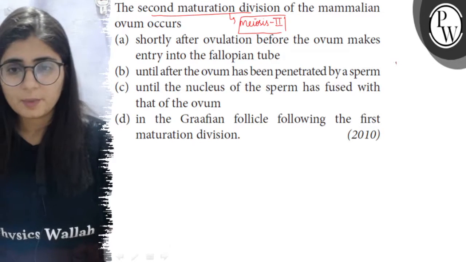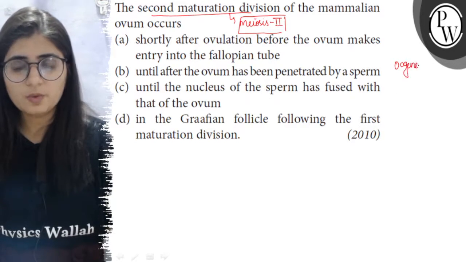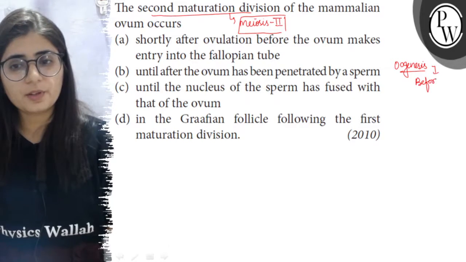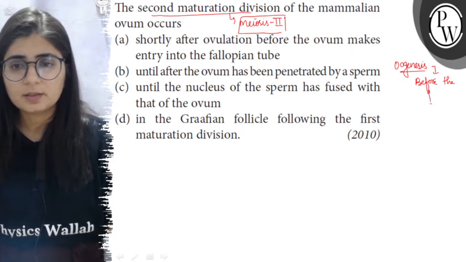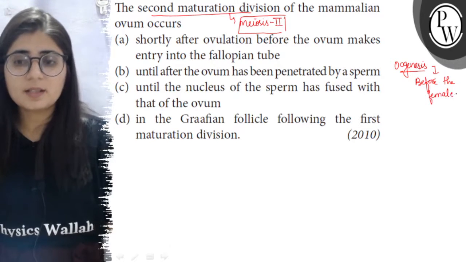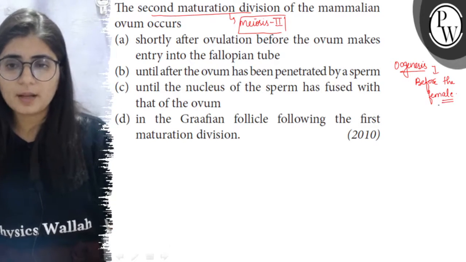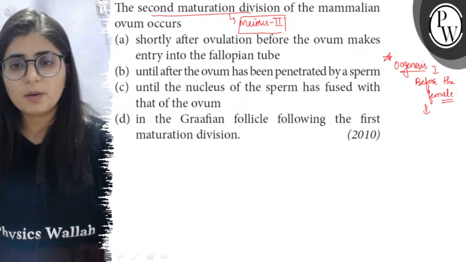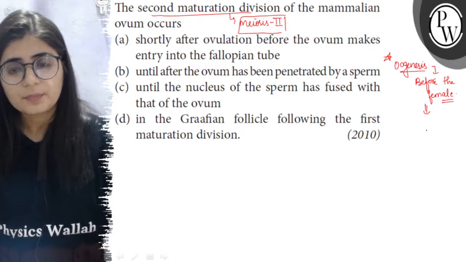So the formation of ovum is called oogenesis, and it begins before the birth of the female. When a female is in her mother's womb, at that time only the formation of ovum is started.